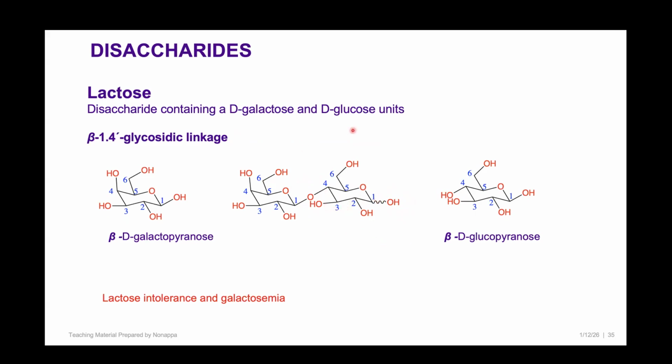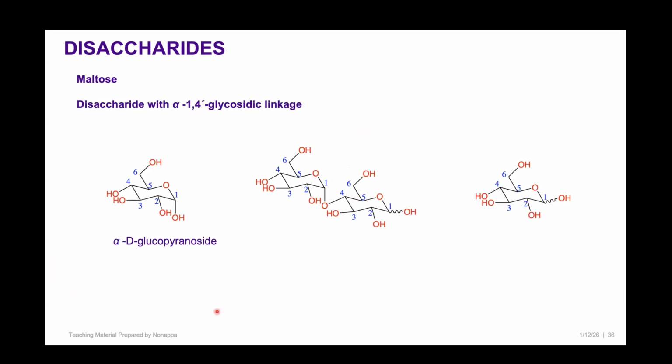It has a galactose and D-glucose linkage, and the previous example was cellobiose. It is also important to know about lactose intolerance and other related pathological conditions.